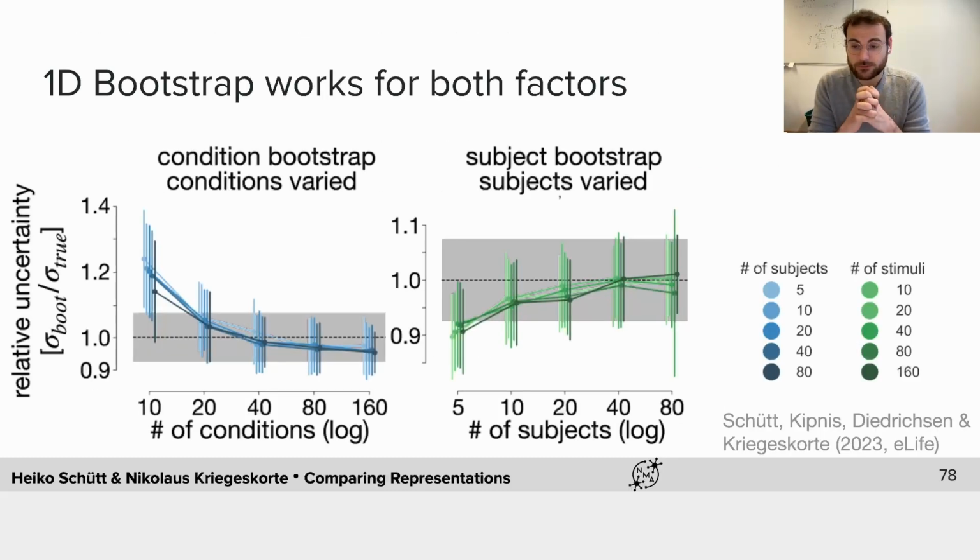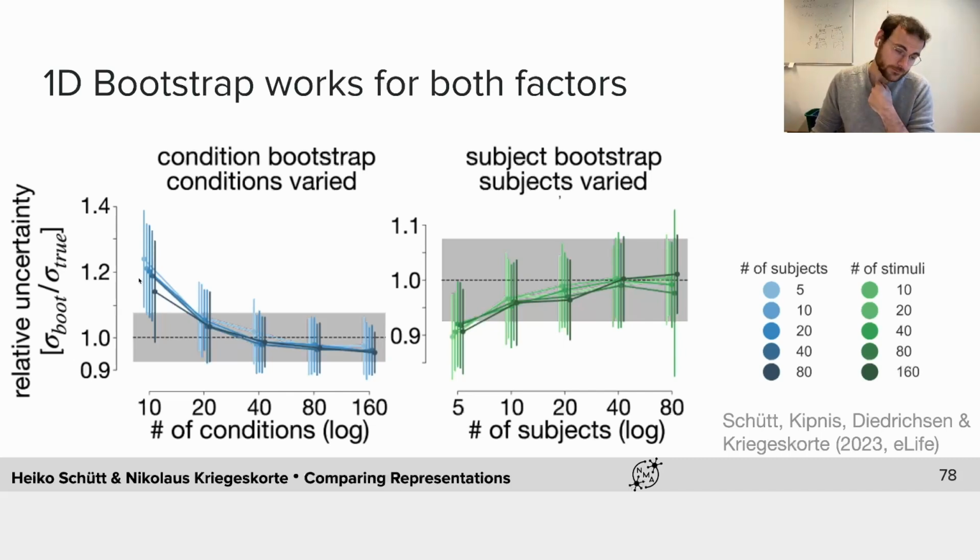This is data from a recent paper I published with some colleagues, where we did a large number of simulations, always comparing the standard deviation we estimate from bootstrapping, dividing this by the true standard deviation that we get by actually rerunning the simulation and creating new data sets.